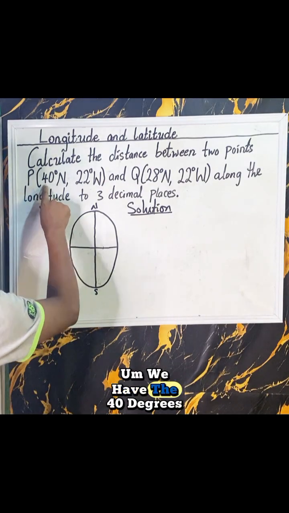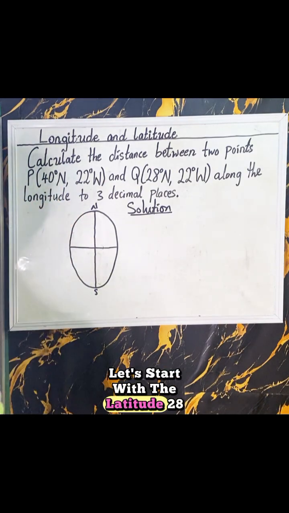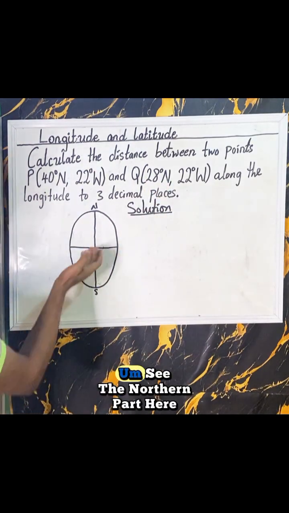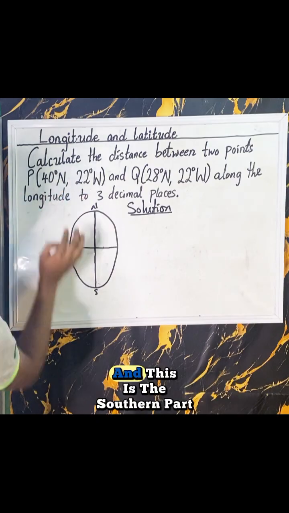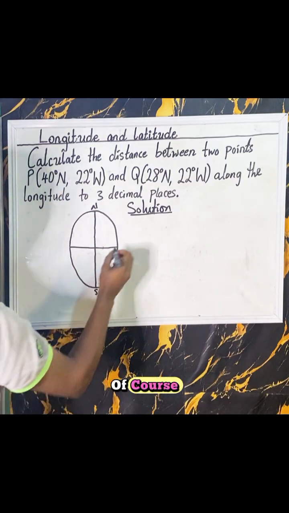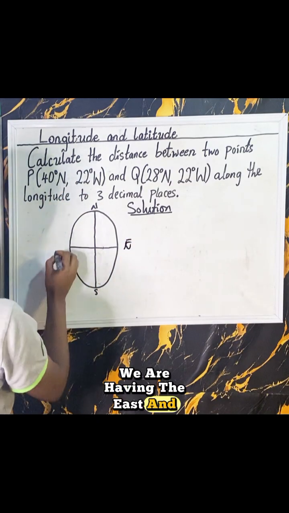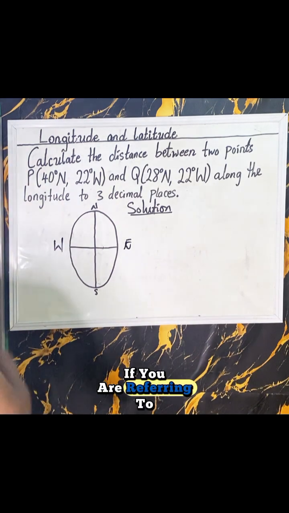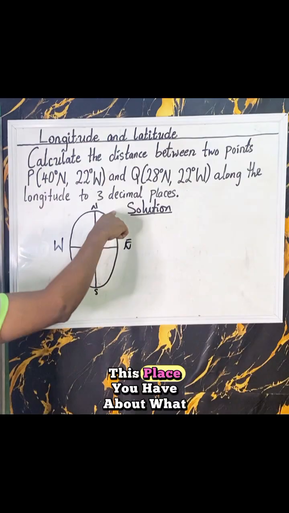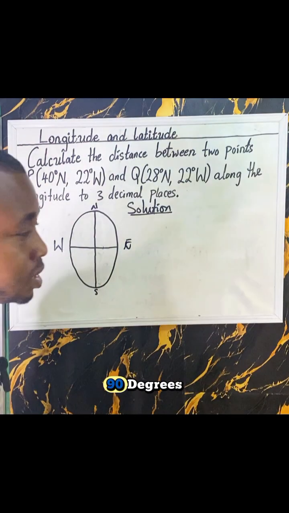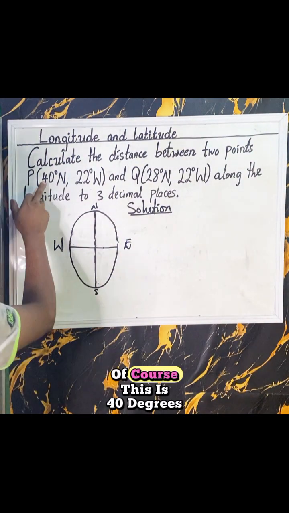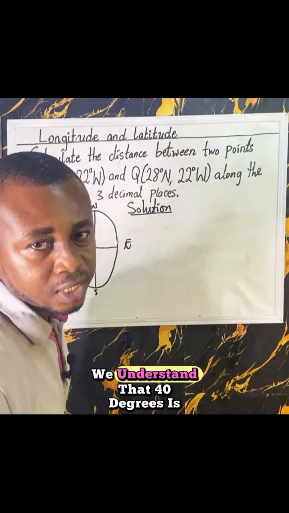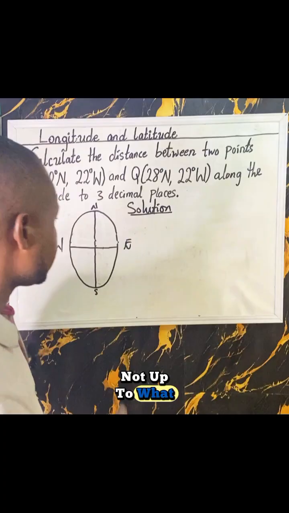We have the 40 degrees north. Let's start with the latitude. 28 degrees north. See the northern part here, and this is the southern part. Of course, we are having the east and we're having the west. From here down to this place, you have about 90 degrees. Of course, this is 40 degrees and this is the side of the north. We understand that 40 degrees is not up to 90.